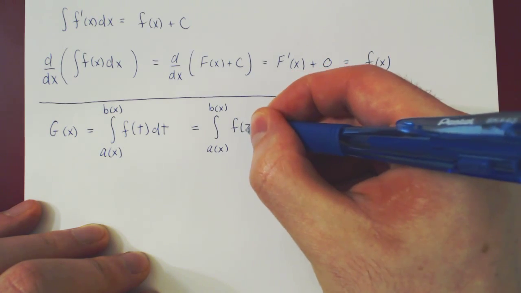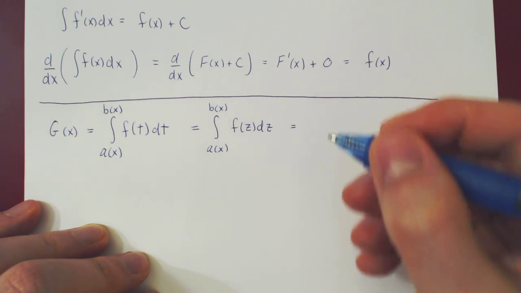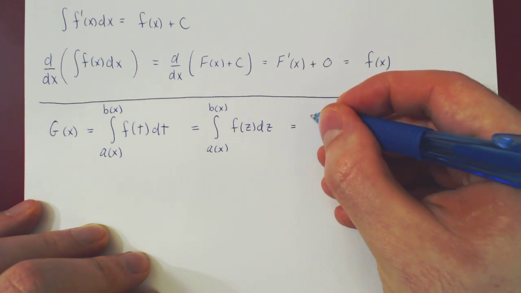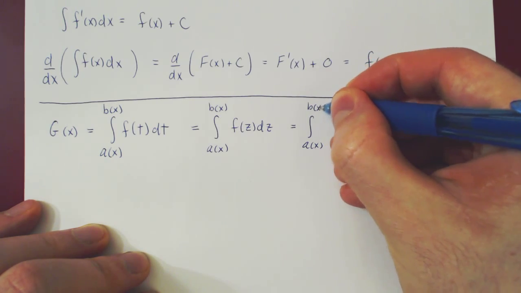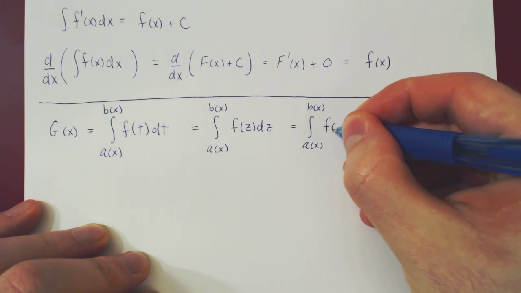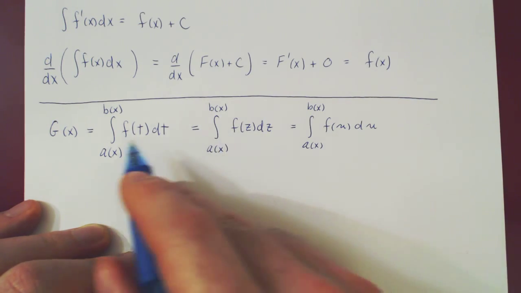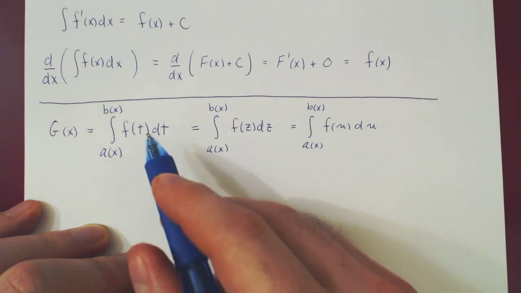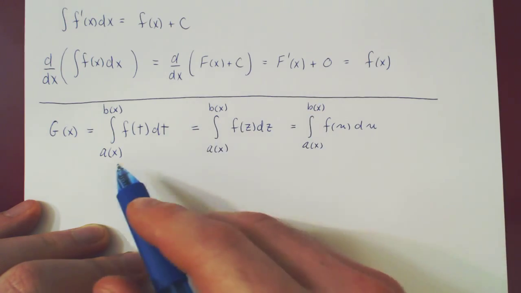I could say f of z dz. Or, give you one last example, I could again integrate from a(x) to b(x), and I could replace z by u, f of u du. All of these three mean the same thing. You want the net area below f between the points a(x) and b(x).